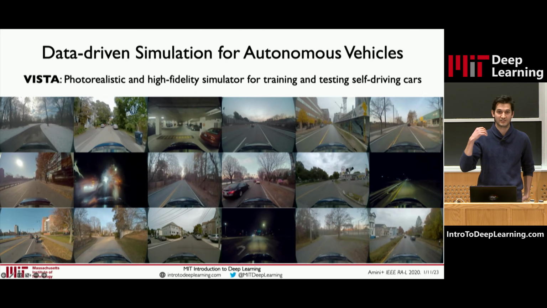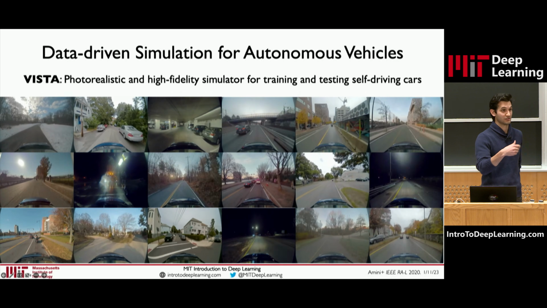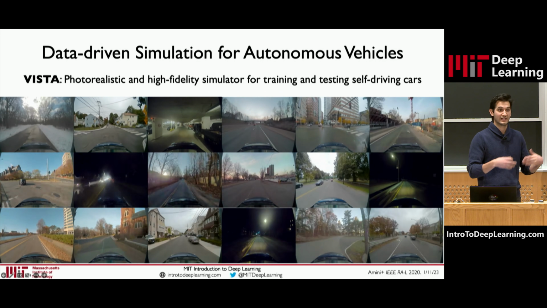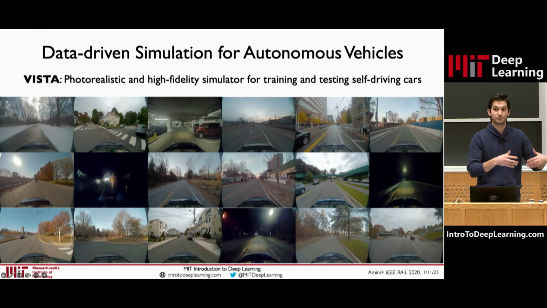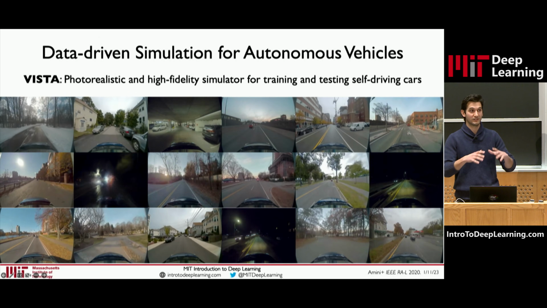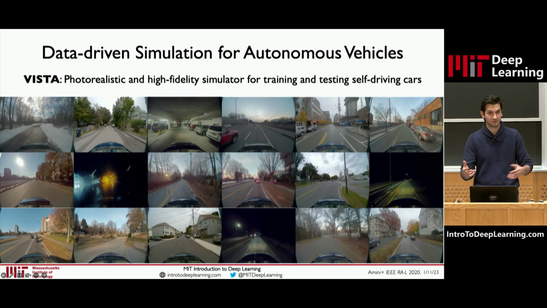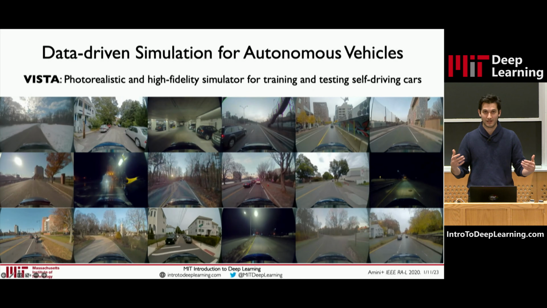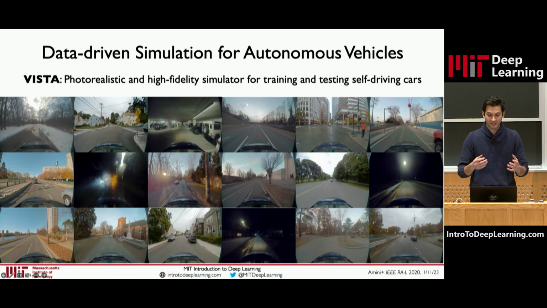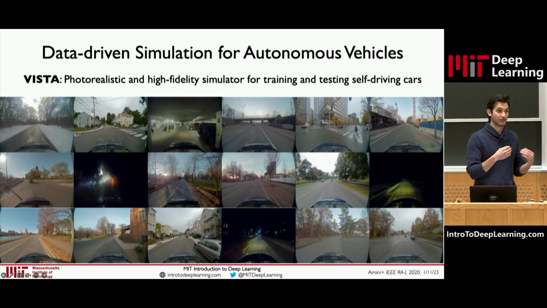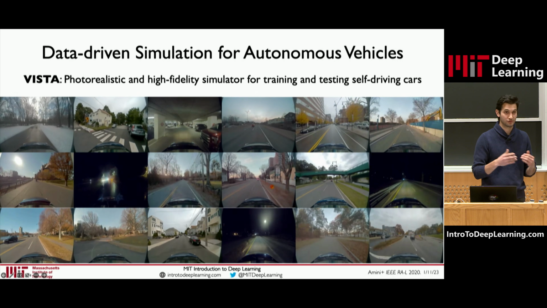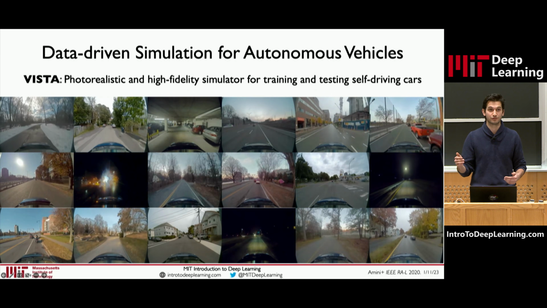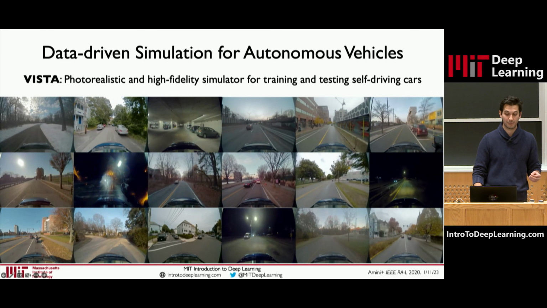So for example, let's say you take your car, you drive out on Mass Ave, you collect data of Mass Ave, you can now drop a virtual agent into that same simulated environment, observing new viewpoints of what that scene might have looked like from different types of perturbations or angles that it might be exposed to. And that allows us to train these agents entirely using reinforcement learning, no human labels, but importantly, allows them to be transferred into reality because there's no sim-to-real gap anymore.